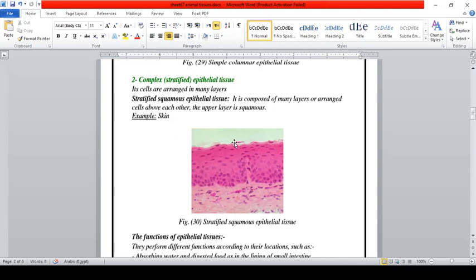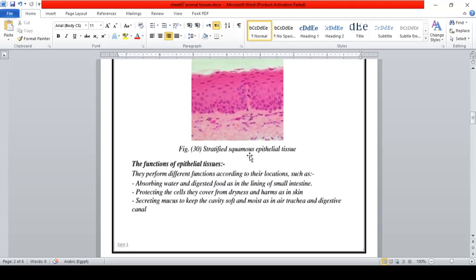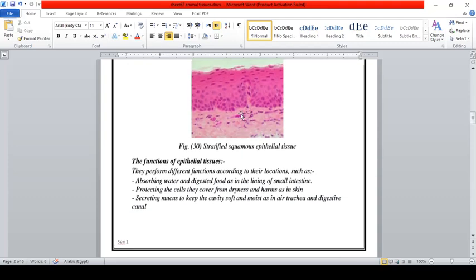If this final layer is cuboidal, it's cuboidal epithelial tissue, and so on. So we have one type here, stratified squamous epithelial tissue. It's composed of many layers of cells arranged above each other, but the upper layer is squamous, so we call it stratified squamous epithelial tissue, like the skin epidermis, and this, for your information, is a dead cell.